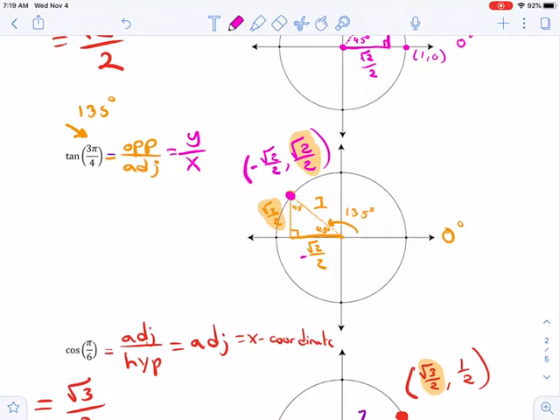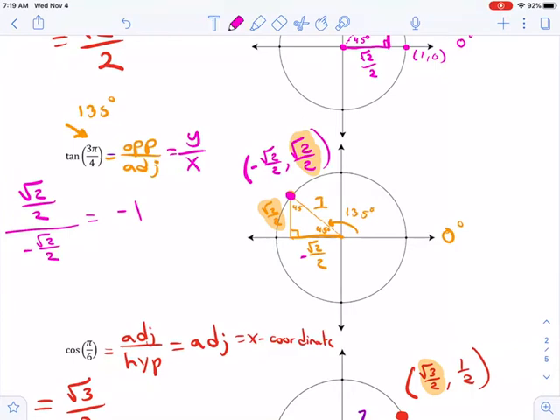This is going to give me square root of 2 over 2, and then I'm going to use a larger fraction here, negative square root 2 over 2. Anything divided by itself is 1, and a positive divided by a negative is a negative. So I'm going to get negative 1 here. And that is that same usage. So a little bit trickier. We're going to spend a lot of time in class going over some of these same things and some of the minutia behind it.